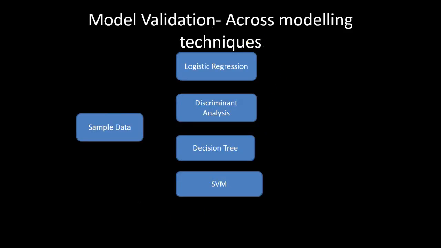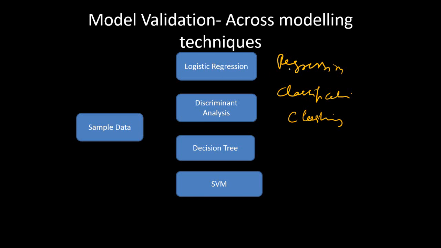The next type of validation is across modeling techniques. When we build a model, whether it's a regression model, a classification model, or an unsupervised learning model like clustering, whatever the model, you have several ways of modeling your data.